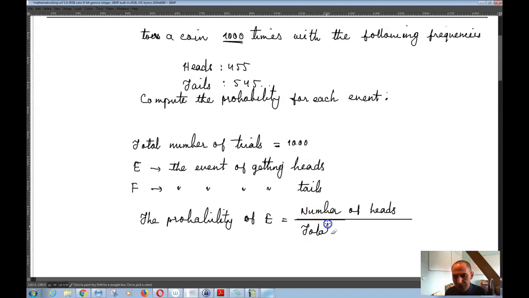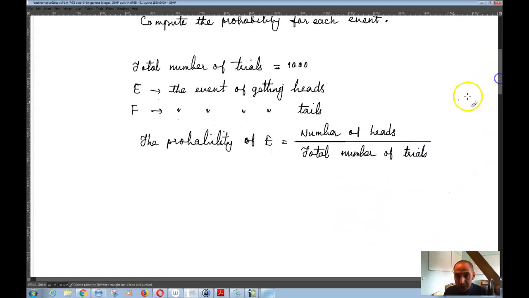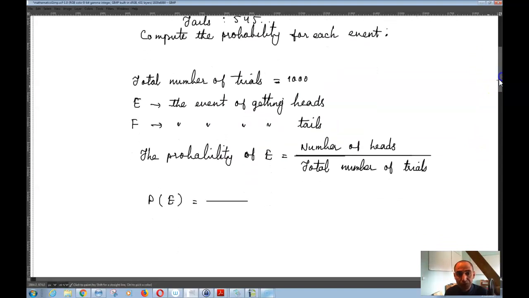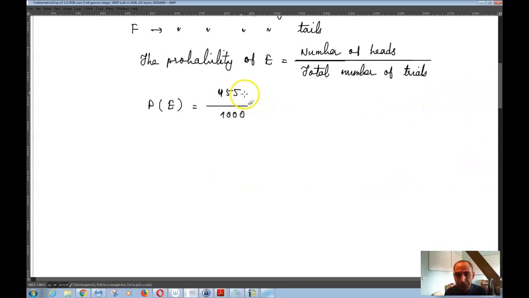So I can write P of E is equal to the number of heads, which is 455, as we saw over here, divided by the total number of tries, which was 1,000, and of course you can simplify that to 0.455.